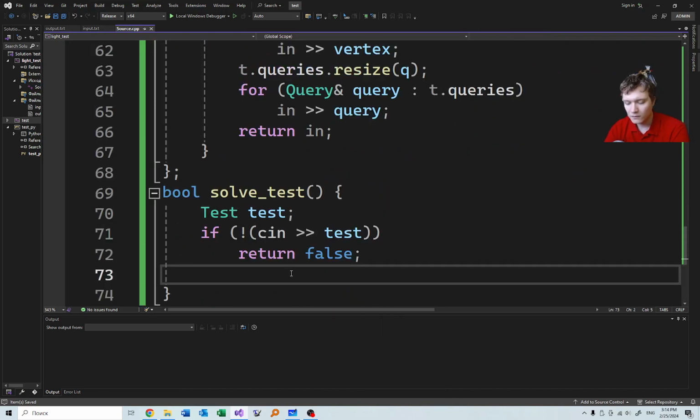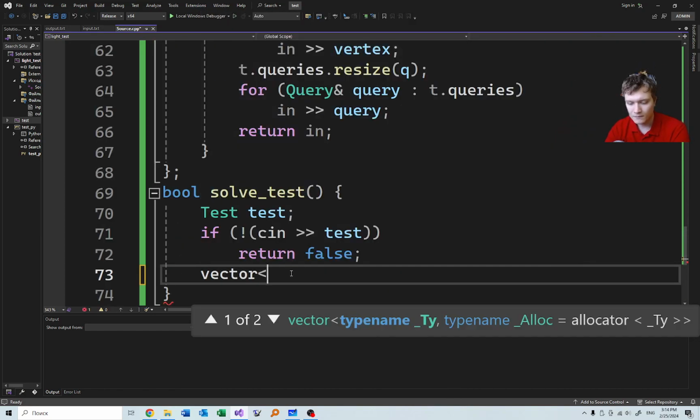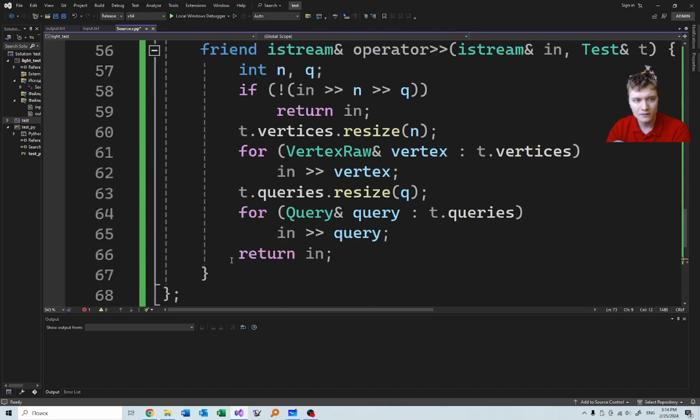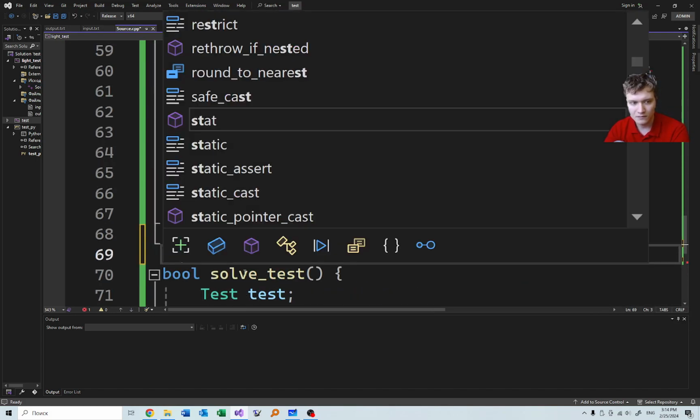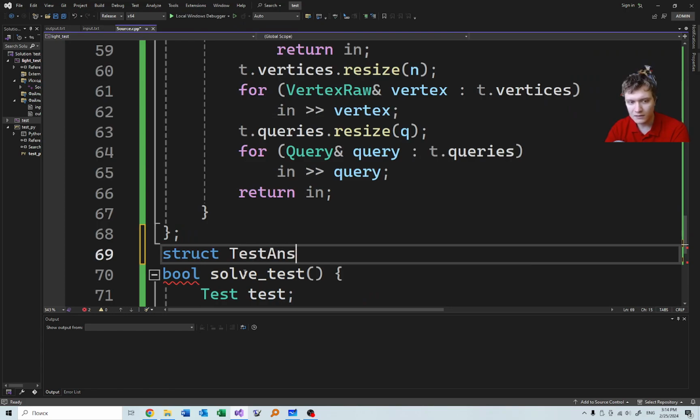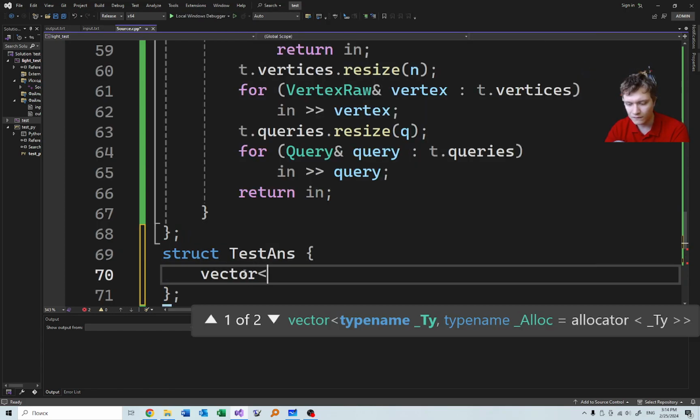So we need to... Let's actually make a struct test ans, which is a vector of v3d.